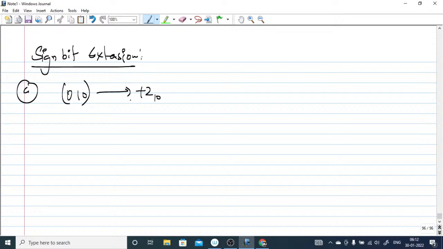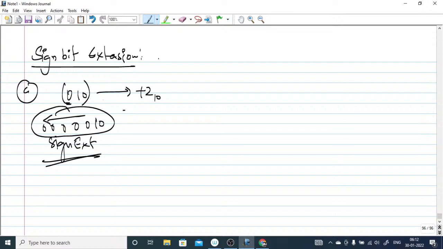You can extend this sign bit further, and your magnitude is not going to change. So you can put 0 0 like this. You can extend the sign as many bits as you want, and nothing is going to change.